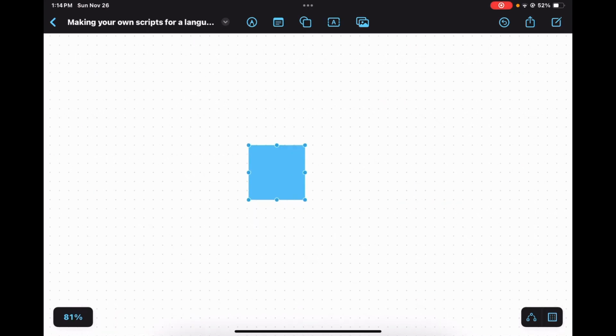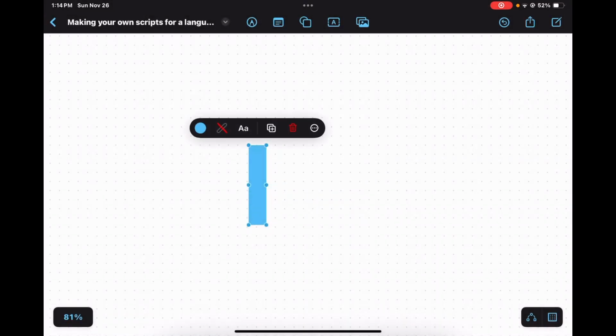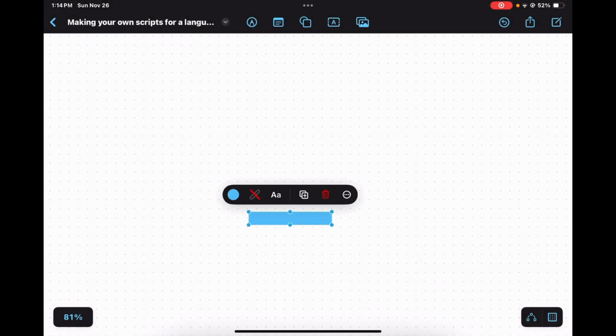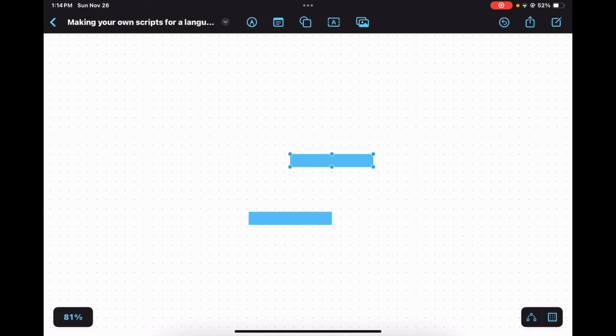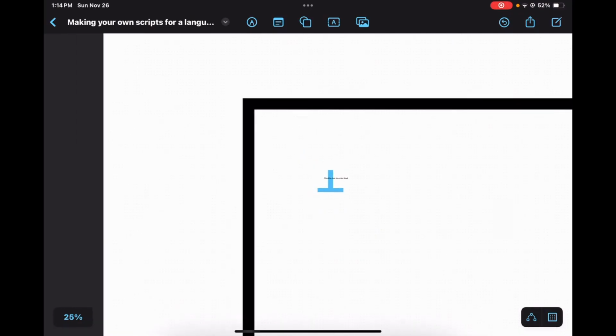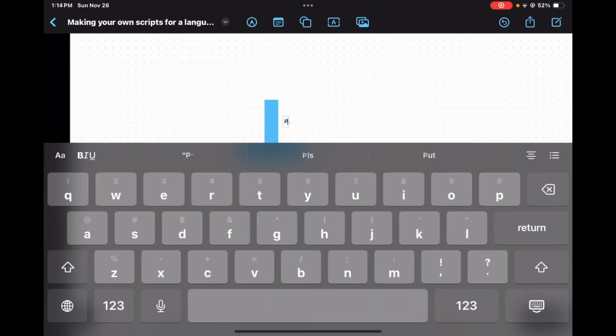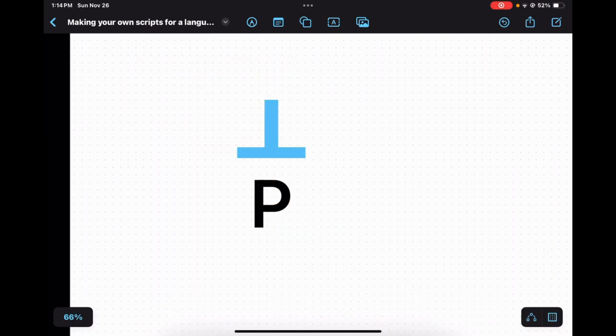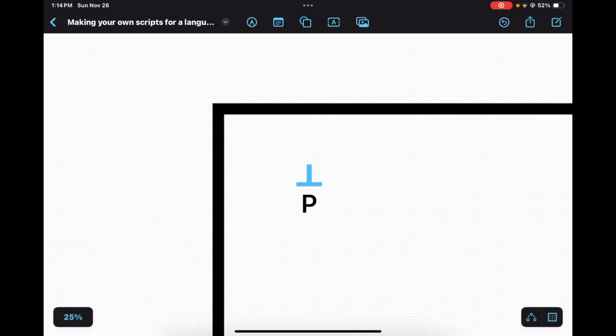I decided that this will be a featural alphabet. So let's have this be the base for most consonants. This could be labial. So that could represent some sort of p sound.